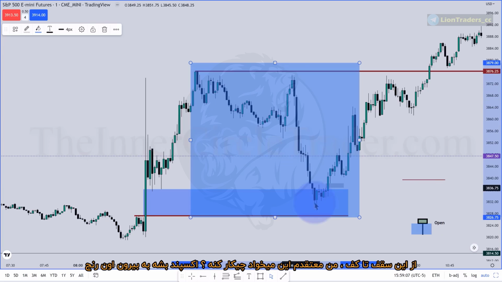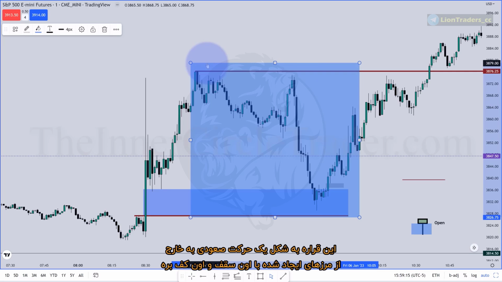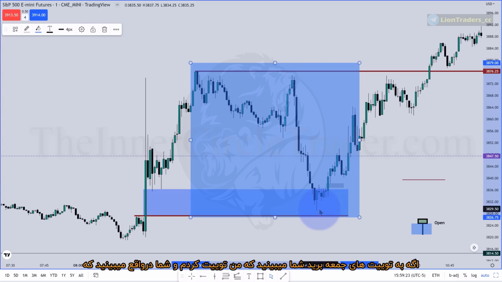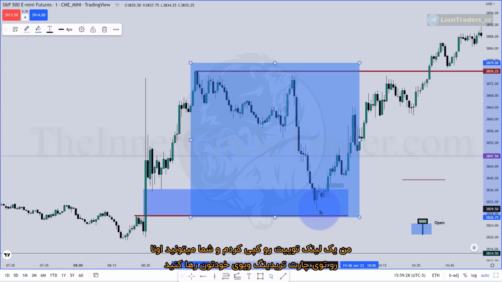This high to low, I believe it's going to do what? Expand outside of that range in the form of external range liquidity. It's going to go outside the boundaries created by this high and that low in the form of an up move. You'll see me tweet. If you go through Friday's tweets, you also see me copy a tweet's link, and you can put them in your TradingView chart.